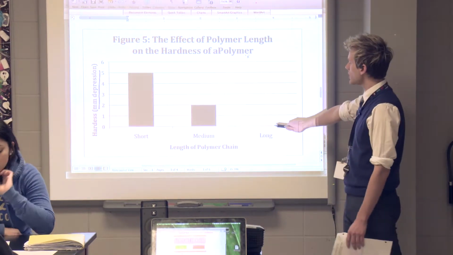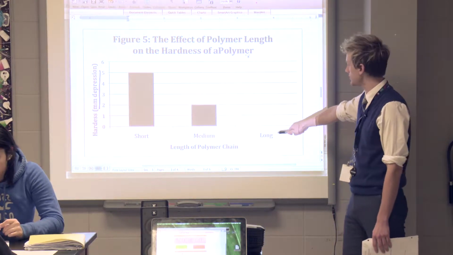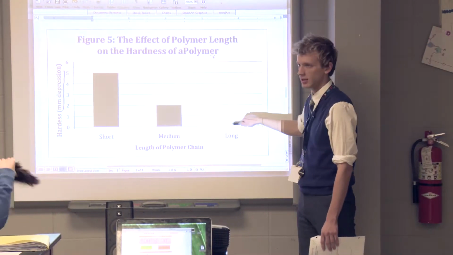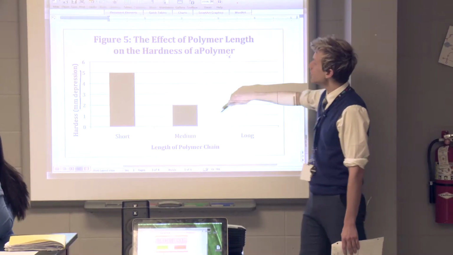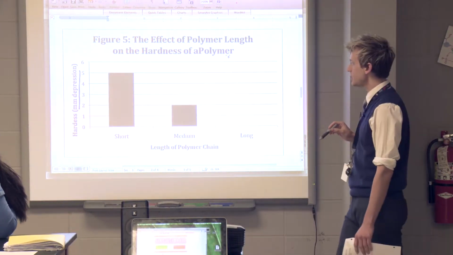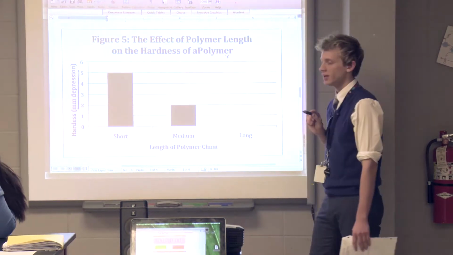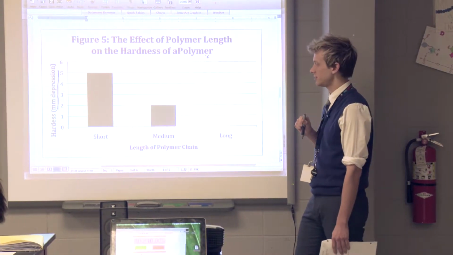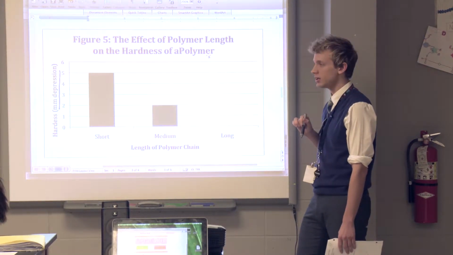And for a long chain, it's low. So it doesn't go very deep, right? In this case, there's almost no data here. Okay, but you see that it's decreasing. So what does this mean in terms of the relationship? Well, the longer the chain, the harder the polymer is, right? So that's really a direct relationship.